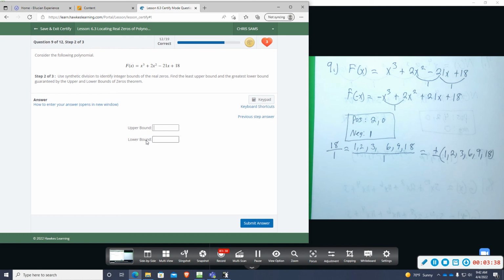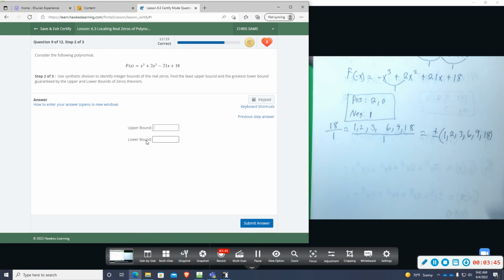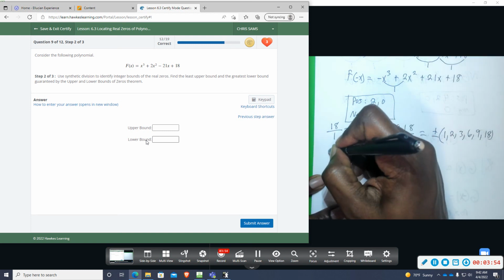Now, the upper bound and lower bound rule says this. You can pick any number. It doesn't have to be a number from here, but it can be. But you'll start with a positive number, so I'm going to start with upper bound.